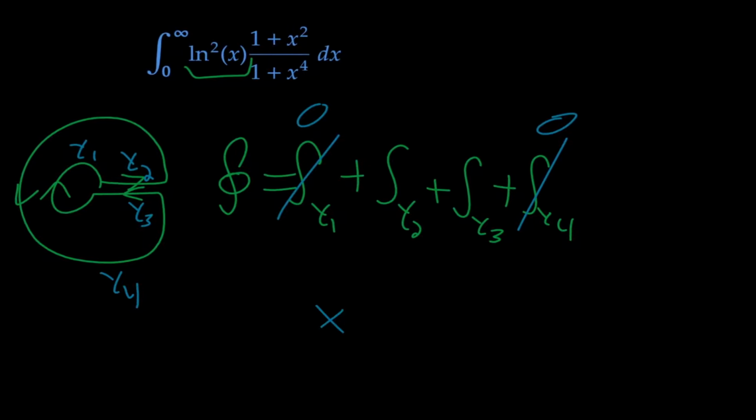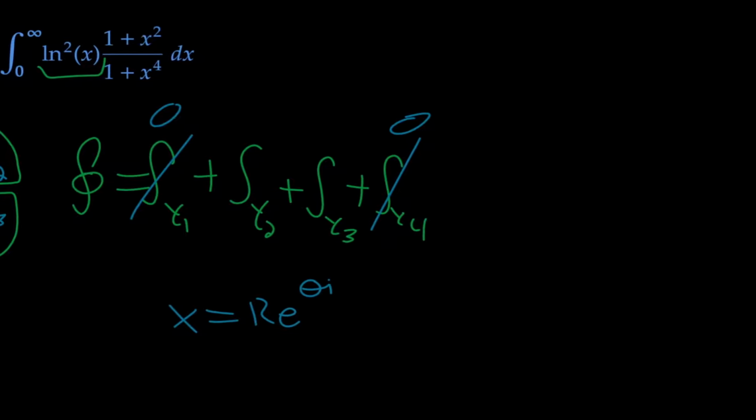The substitution that we would make here is x equals r e to the theta i. And what this would turn our integral into would be the integral from 0 to 2 pi of i r e to the theta i, which comes from just finding d theta, so d theta is out here, times natural log to the third of r e to the theta i.